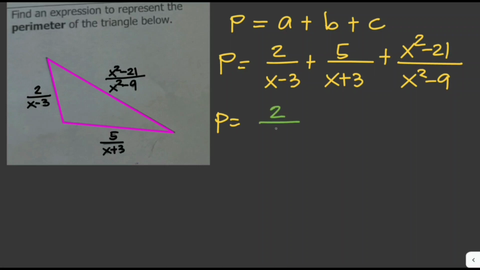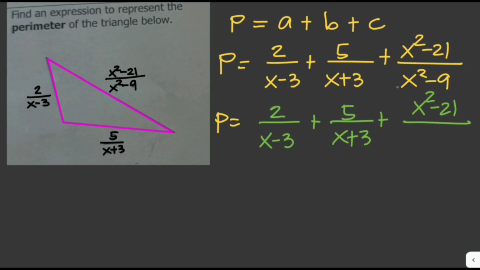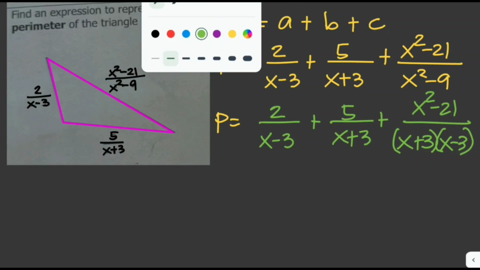We cannot simplify x squared minus 21 further, but only x squared minus 9, because this one is the difference of two squares, and we can write this as x plus 3 times x minus 3.